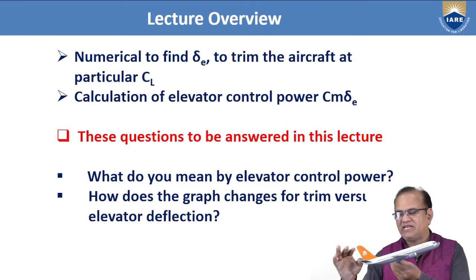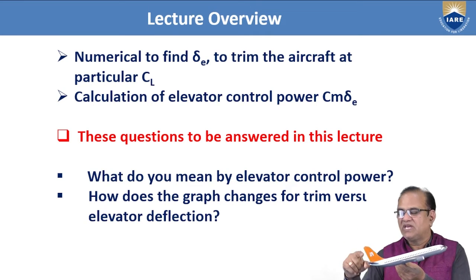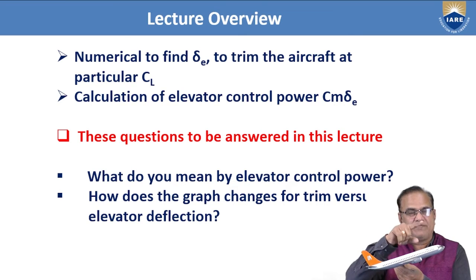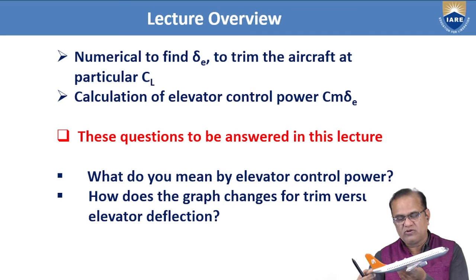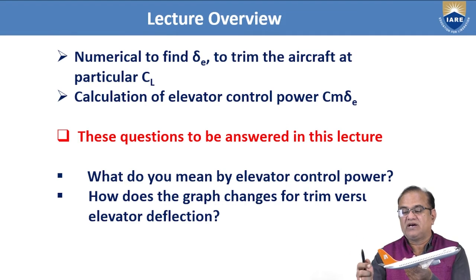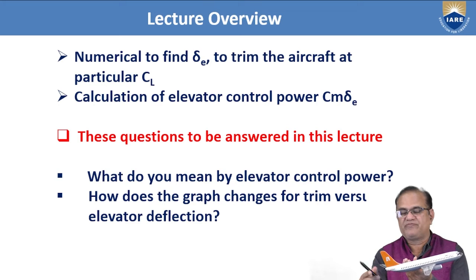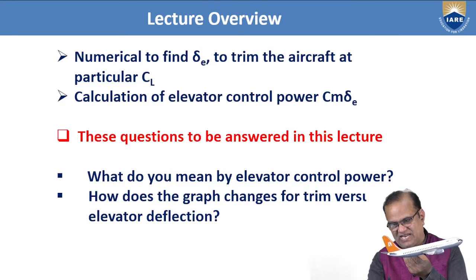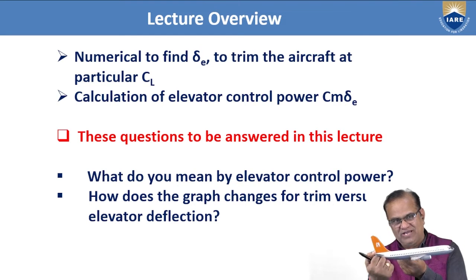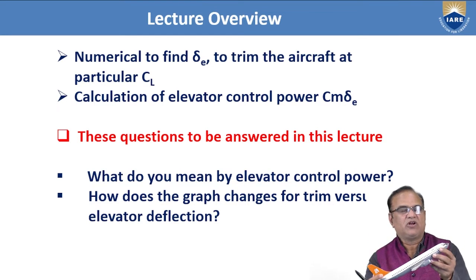It can be done with the help of the elevator. If I want to make nose up, I want a force which should be pulling down. It means your elevator should go up. So if the elevator goes up, a force will be generated in this direction, pulling like this, and the aircraft will be nose up.